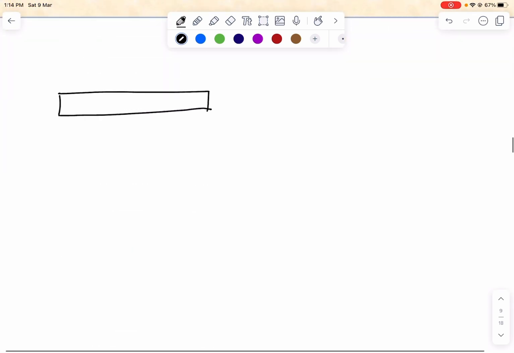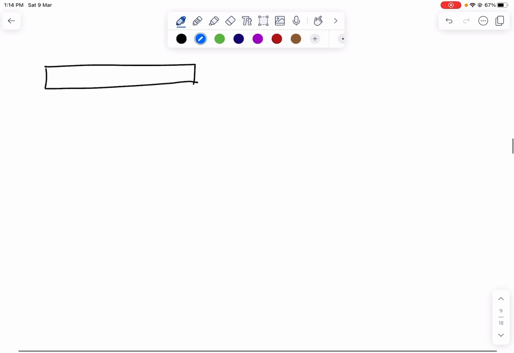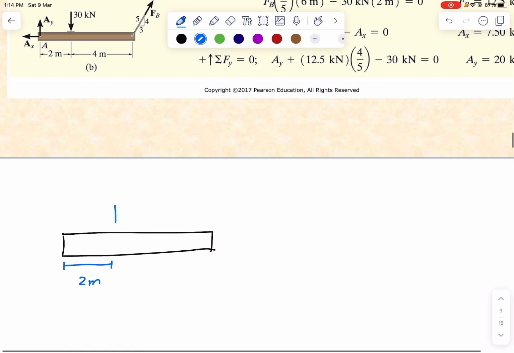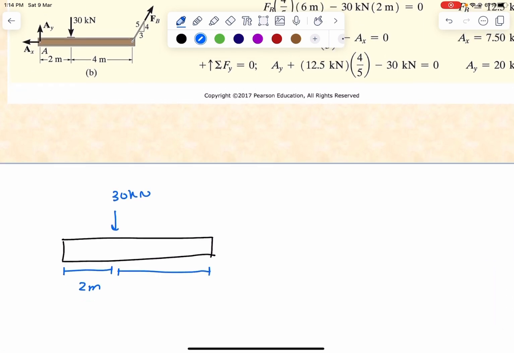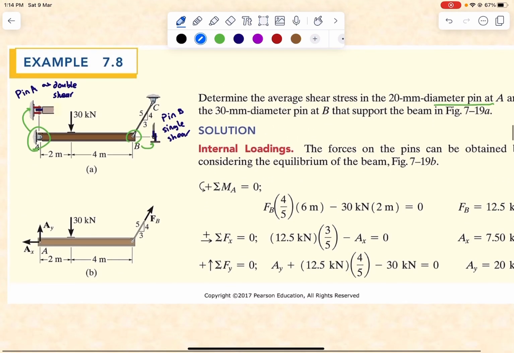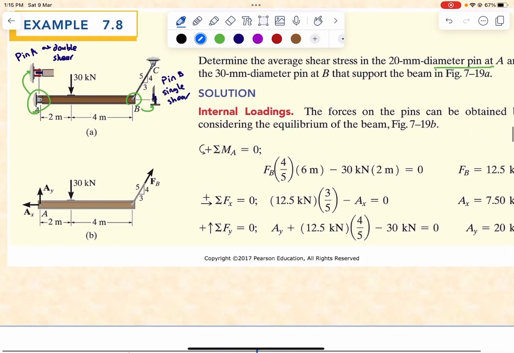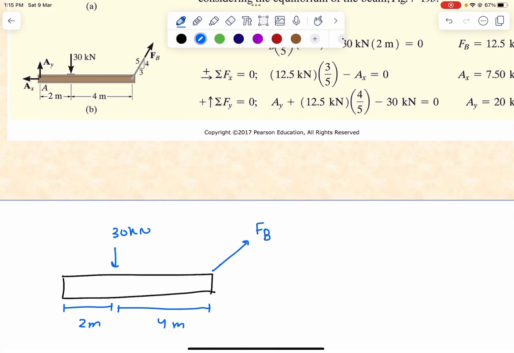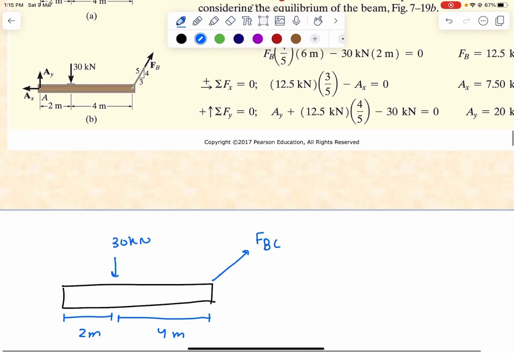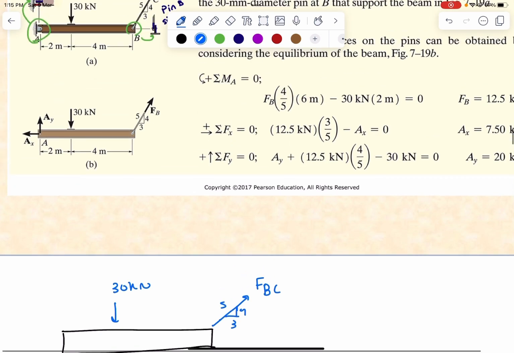And at 2 meters over here, we have an external loading of 30 kilonewtons. And here, this one is 4 meter. We have a tension force, and I will call it force, two force member of BC. And the dimensions are given, 5, 4, and this one is a 3.